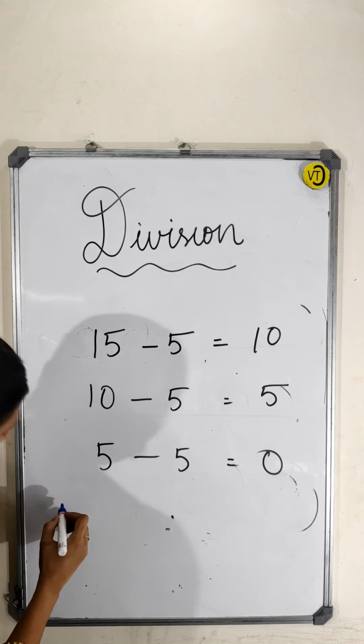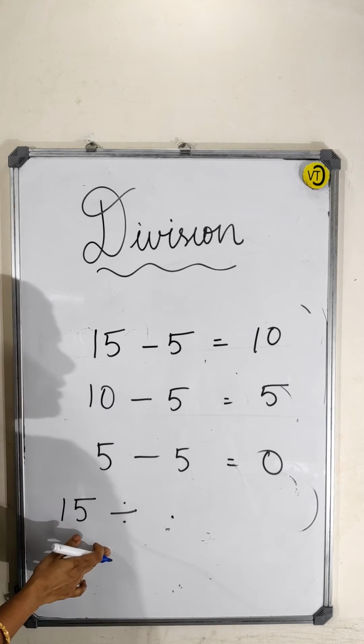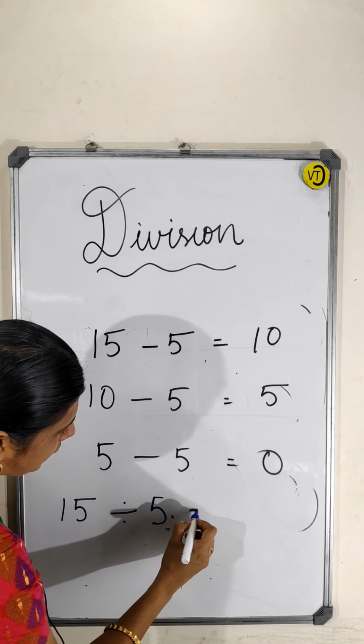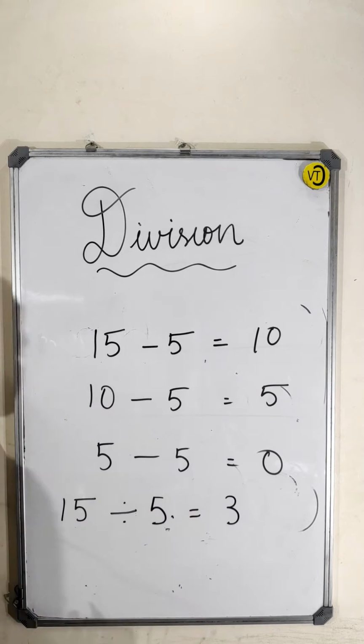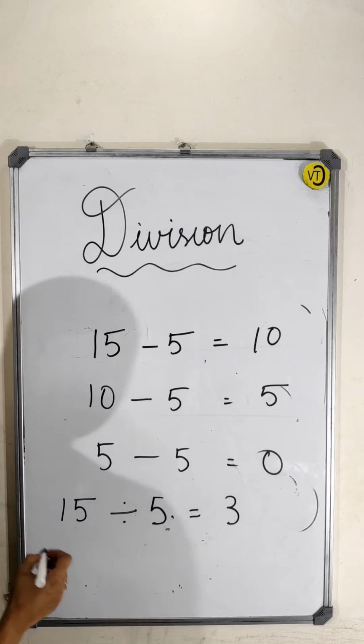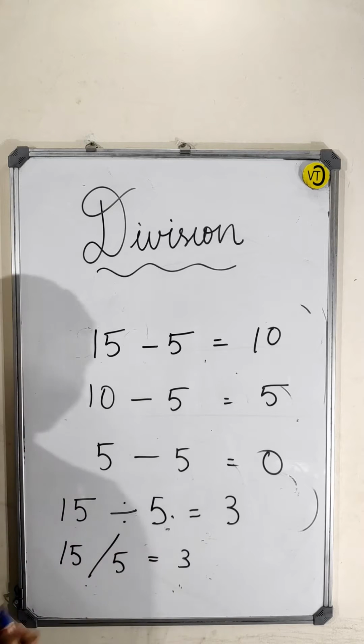Now what I will write: 15 divided by 5 is 3, and this is the symbol of division, as I already told you. 15 by 5 is 3. Otherwise, you can write it this way also.